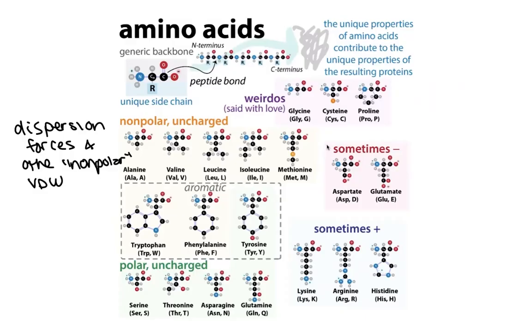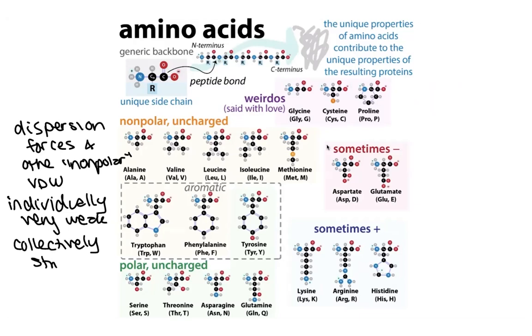So basically, these can only do those transient induced dipole or instantaneous dipole interactions, all those things that are individually weak, collectively strong. And these are going to be our least specific.